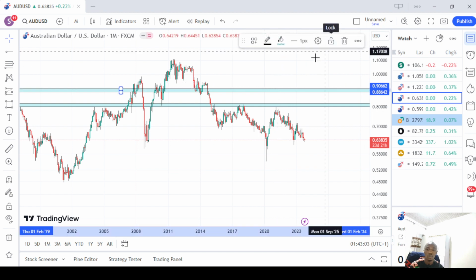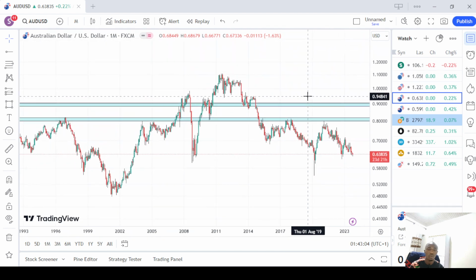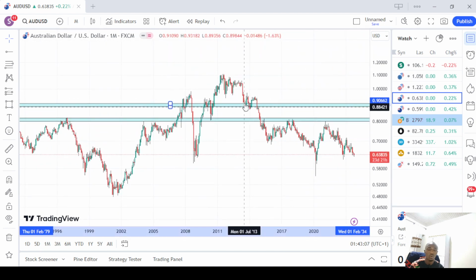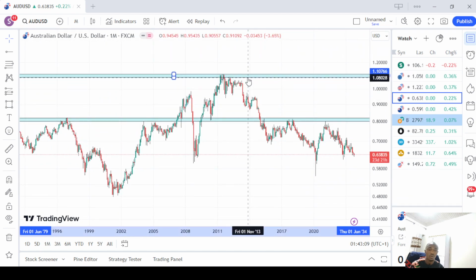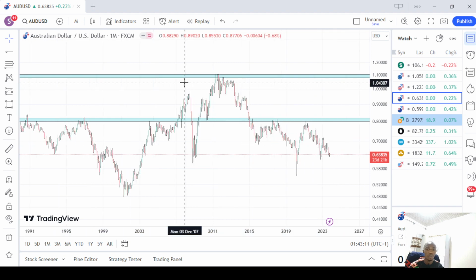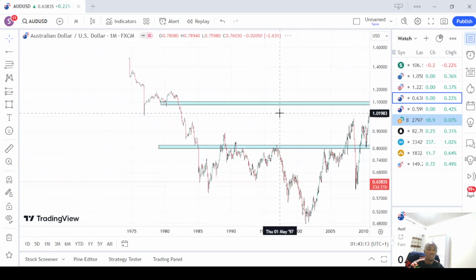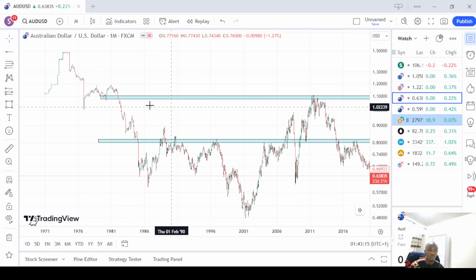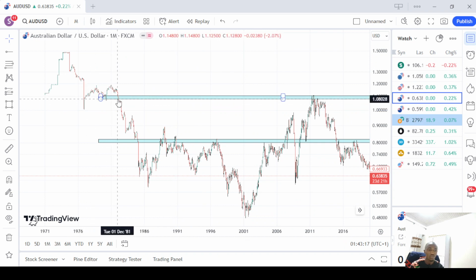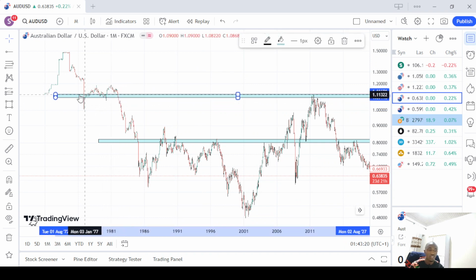I'll be picking this up. Why? Is there any confluence? Any reaction? Good. Even the start here, the first candle here went back as far as 1971.